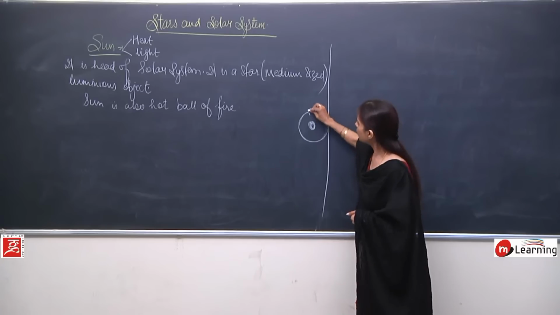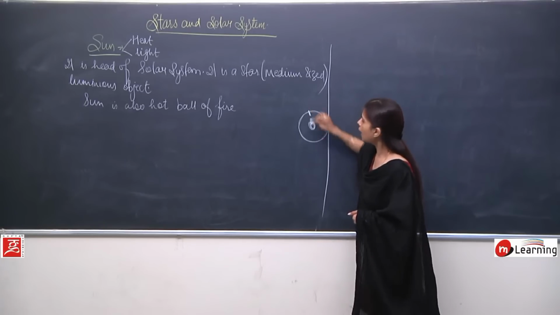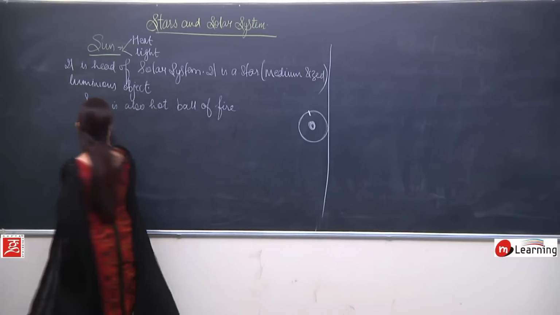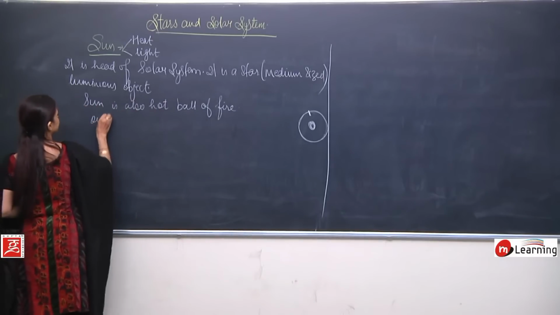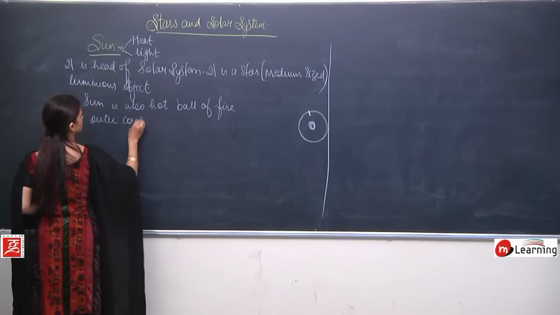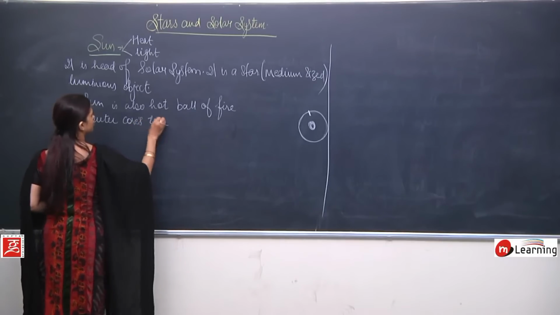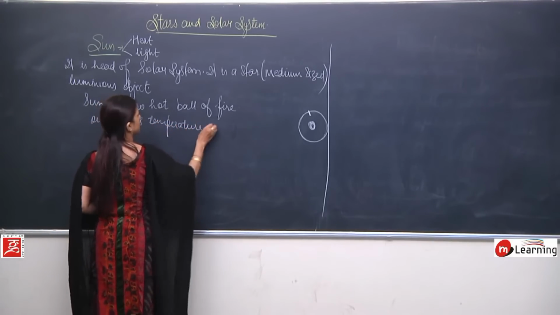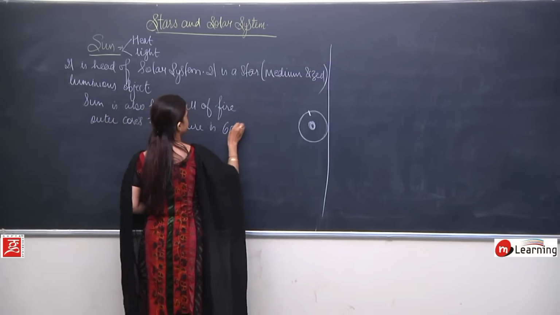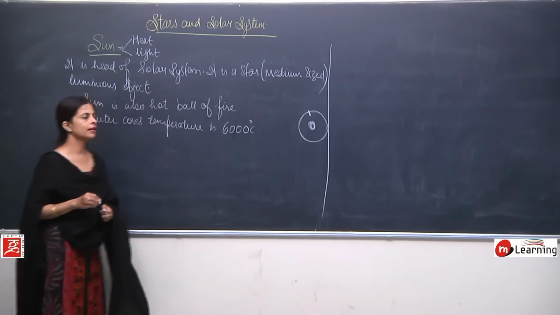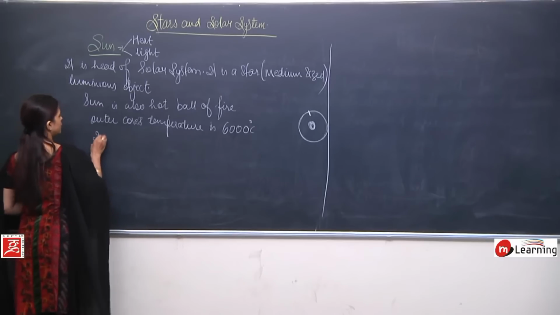The outer core's temperature is 6000 degrees Celsius.